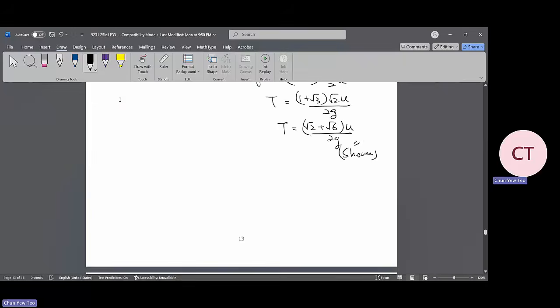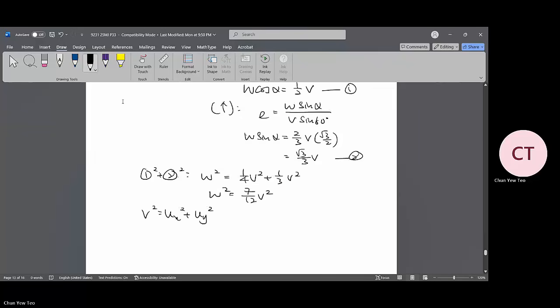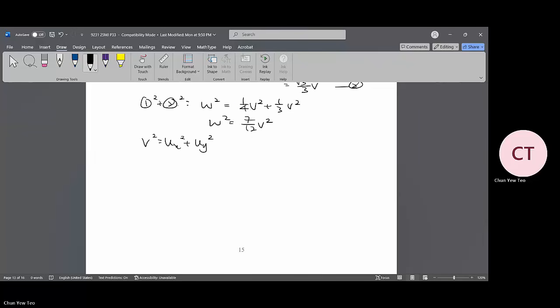So when T is equal to this, your uy is equal to u sin 45° minus gT.